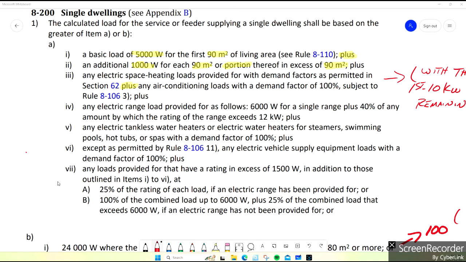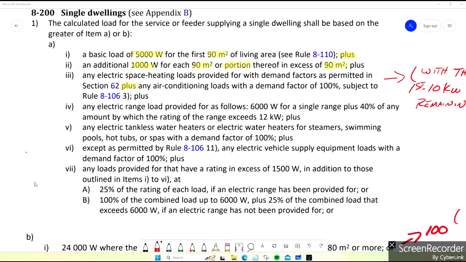All right, and the last one here, any loads provided for that have a rating in excess of 1500 watts, in addition to those outlined in 1 to 6, right? So anything above and beyond what we just talked about, we need to apply 25% of its rating if an electric range has been provided for, or 100% of the combined load that goes beyond this, so you'd add it all up.